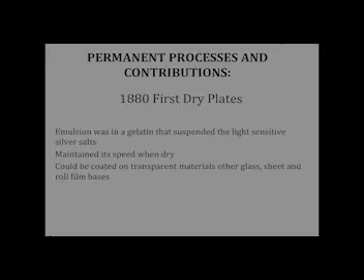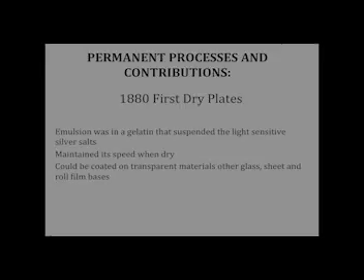The fixer can go to work on making it permanent, and then once it dries, it's hard, it's firm, and you can make your copies. So that way you could take your plates, coat your plates at home, let them dry, put them in a light tight box, go out in the field and make your photographs. Box them back up, light tight box, go home and process the film or the glass plates.